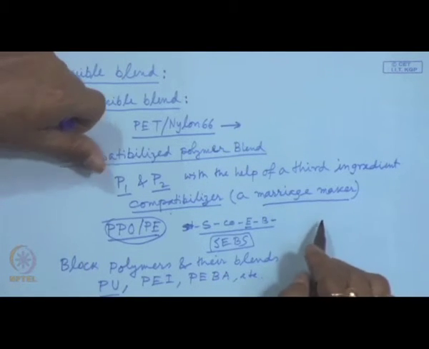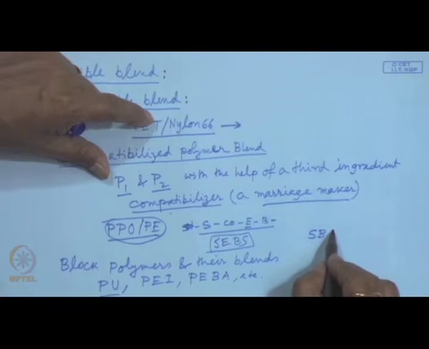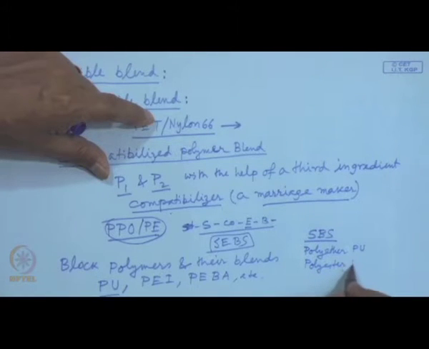Say styrene block butadiene block copolymer, SBS. Similarly, polyether polyurethane, polyester polyurethane.